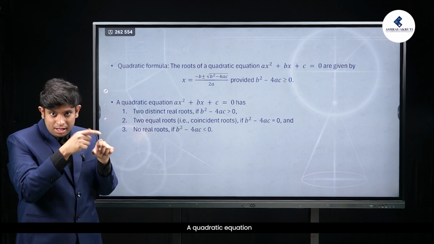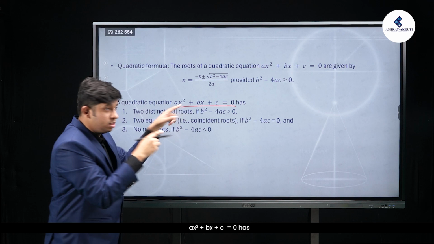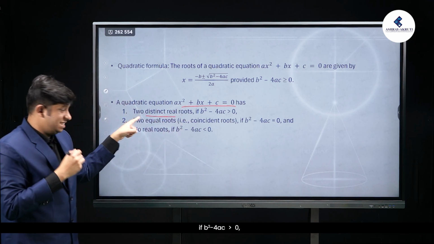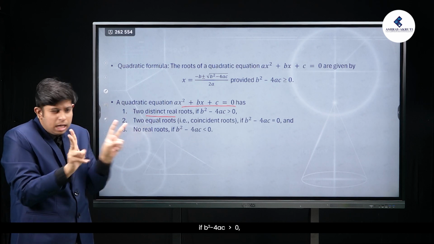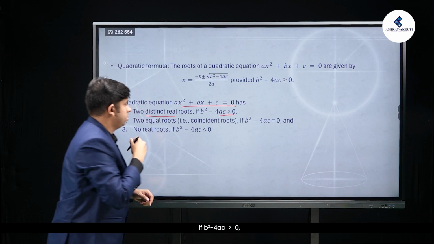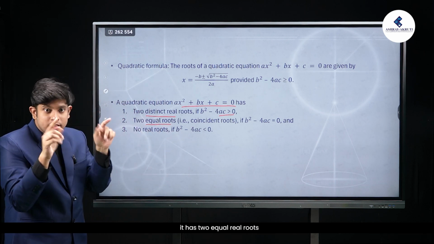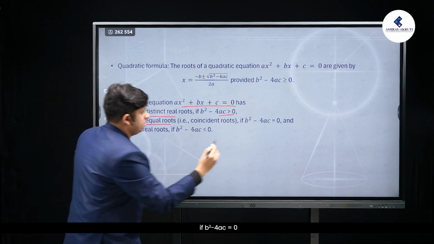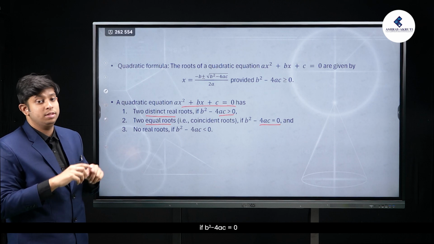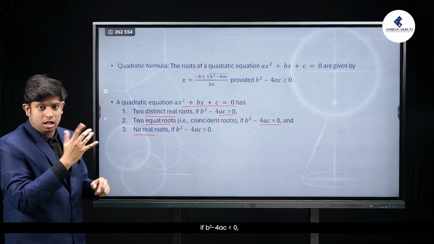Quadratic equation ax square plus bx plus c is equal to 0 has two distinct real roots if b square minus 4ac is greater than 0. It has two equal real roots, that is coincident roots, if b square minus 4ac is equal to 0, and it has no real roots if b square minus 4ac is less than 0.